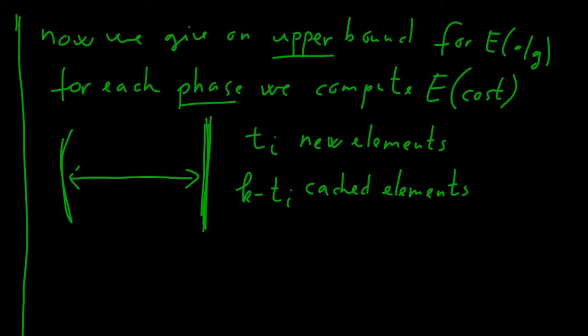And in the beginning, the cache content is just k unmarked entries, because when we begin the phase, we just drop all the marks. So we will have k unmarked entries in the cache in the beginning.